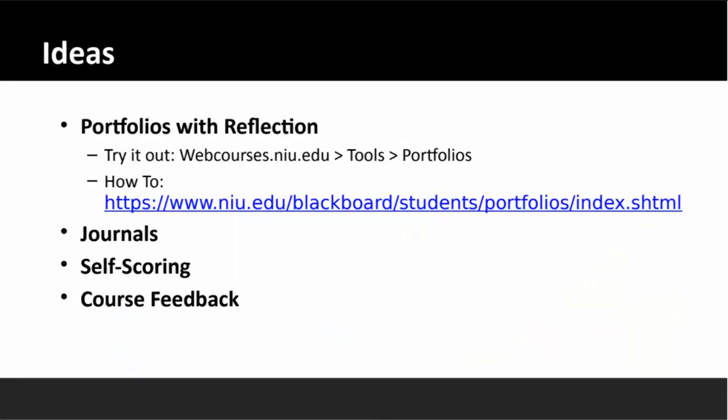And portfolios: there's a Blackboard portfolio tool, and a number of our programs use portfolios. For instance, Educational Technology Research and Assessment uses a portfolio for their Master's in Instructional Technology program. The students put together a portfolio that includes examples of their best work.